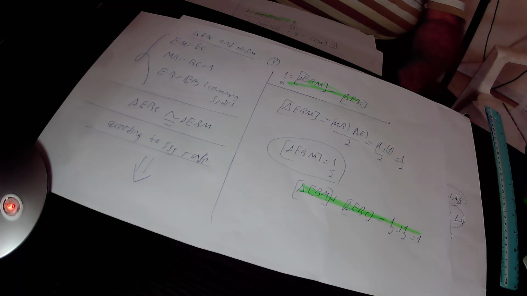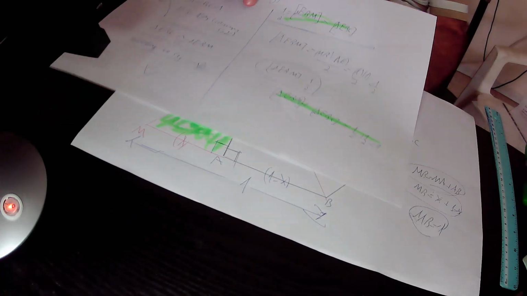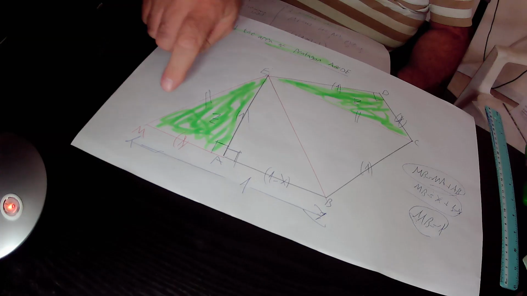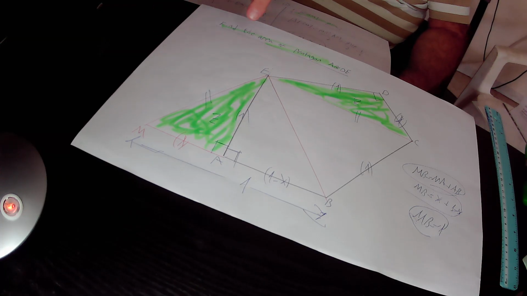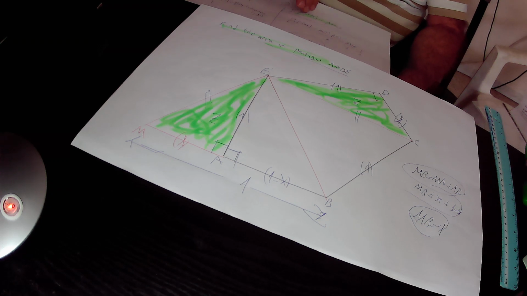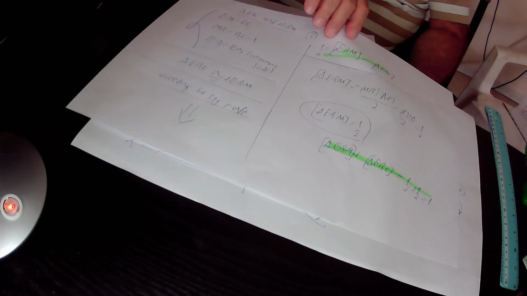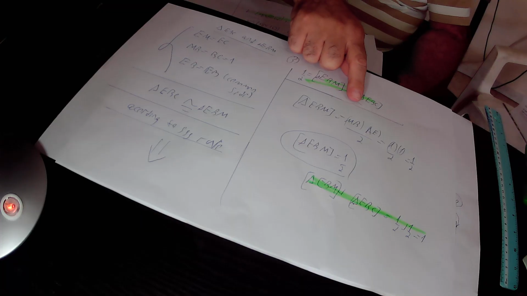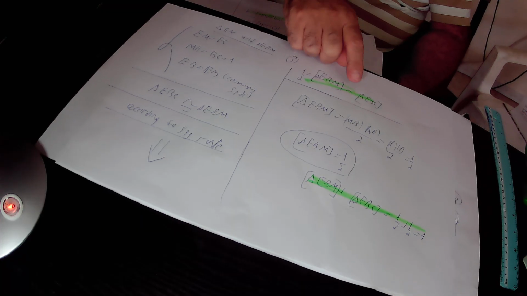Any two triangles that can go into each other must also have the same areas. Okay, so in the next step, we calculate the area of this triangle EBM. The area of right triangle EBM equals the base MB times the height AE over 2.